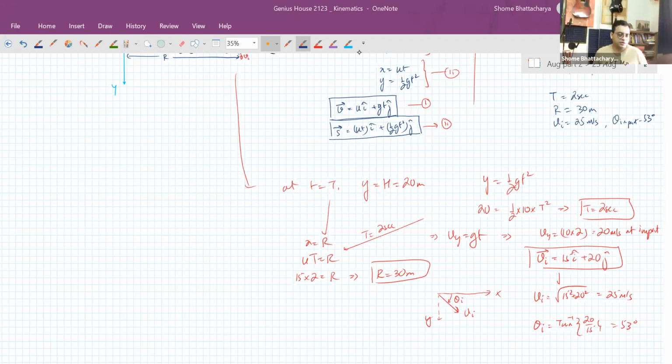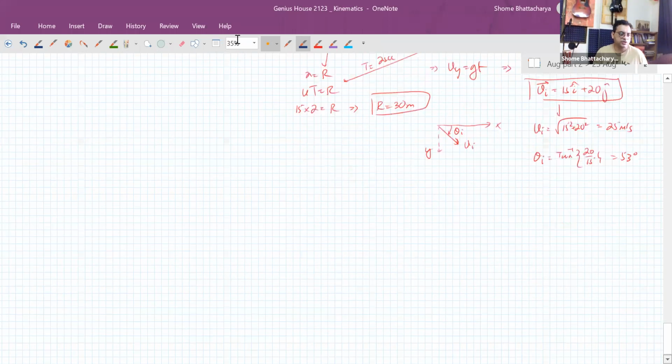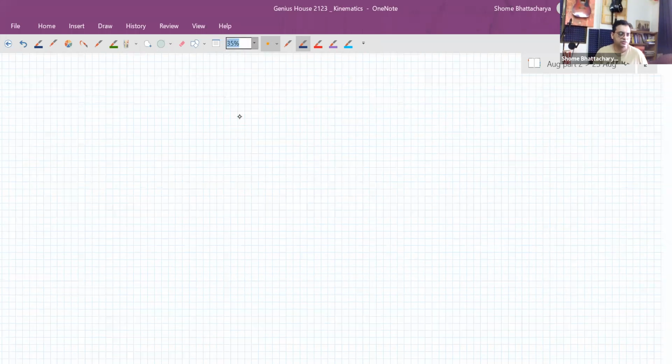Okay, so now we'll just take a look at another case of projectile motion from a heighted position.